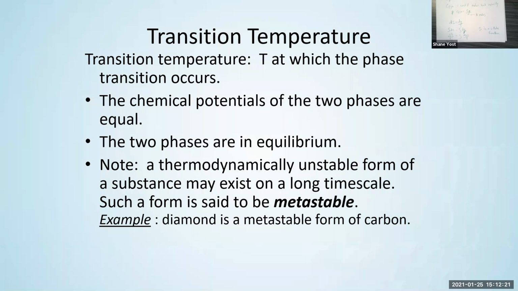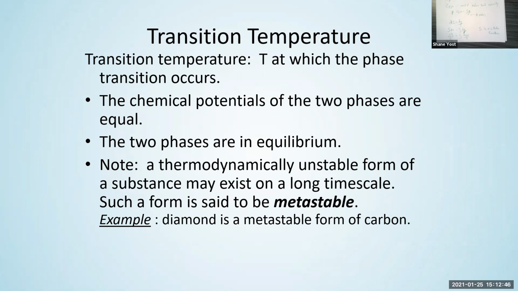Diamond is less stable than graphite. You've got to break a bunch of carbon bonds before you can get from diamond to graphite, and breaking those bonds requires a lot of energy, so it's just not going to happen spontaneously. It will not happen on any time scale that we need to be concerned about.